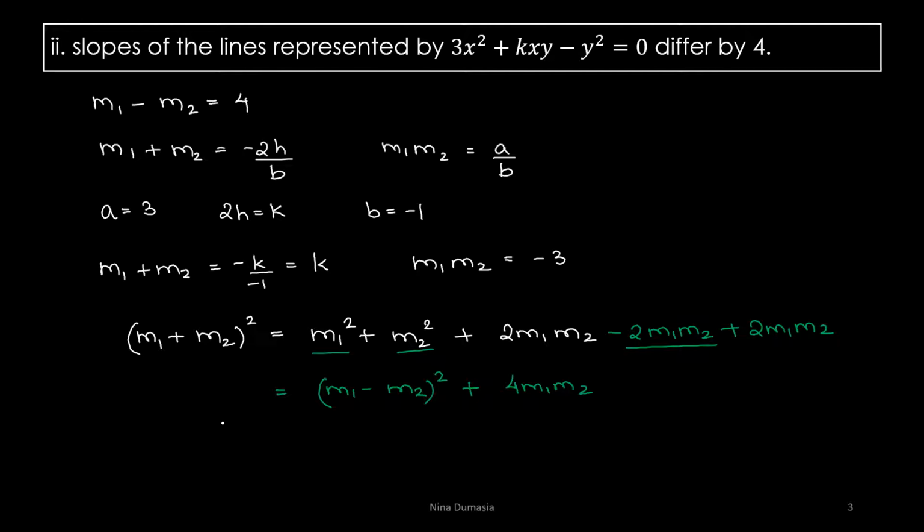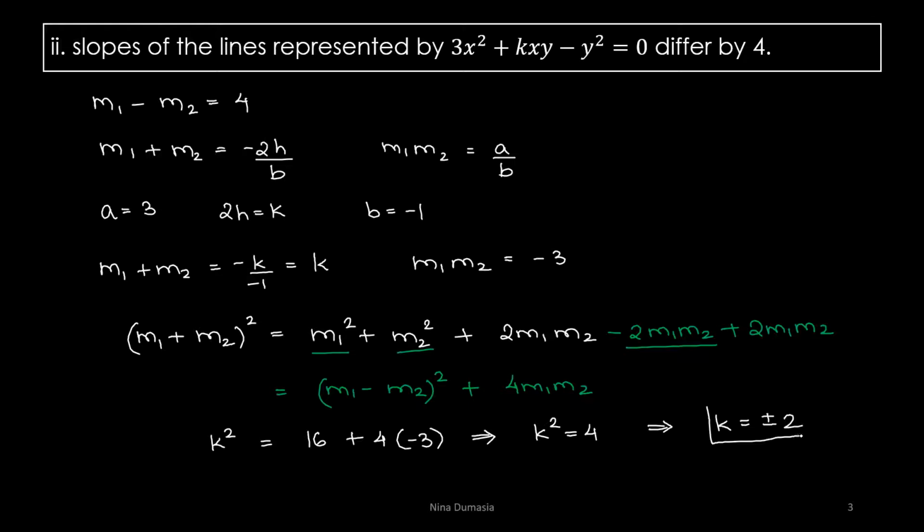On combining them we get that this is k square is equal to 4 square, which is 16, plus 4 into -3. Okay, so this is equal to 16 minus 12, which is equal to 4, and this implies that k square is equal to 4, and therefore this implies that k is equal to plus minus 2, and that is our answer.